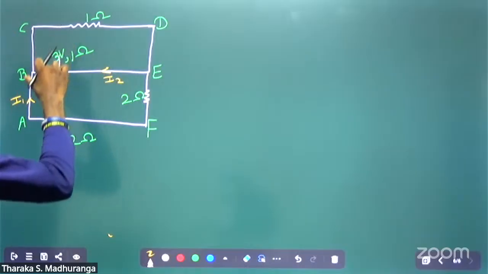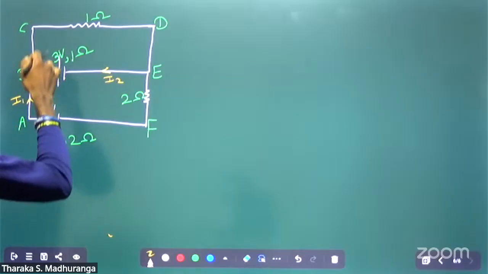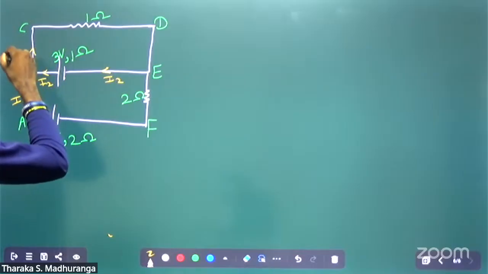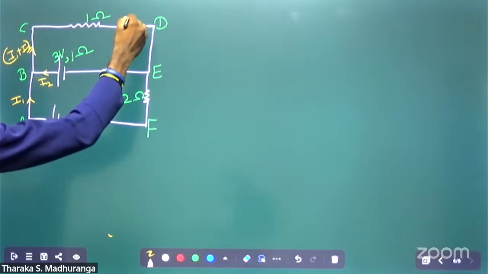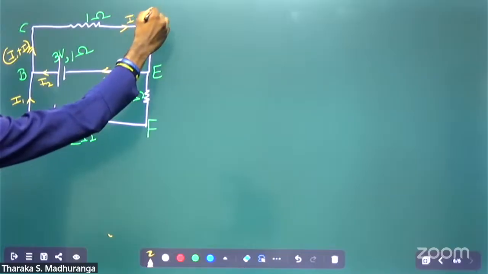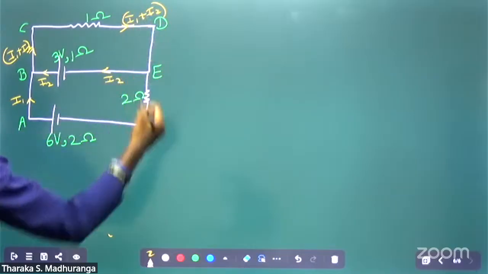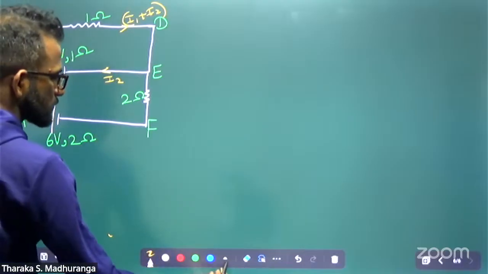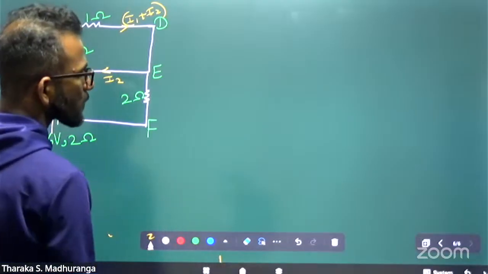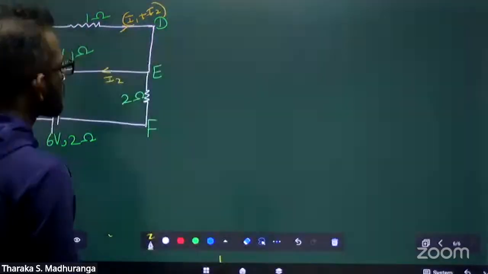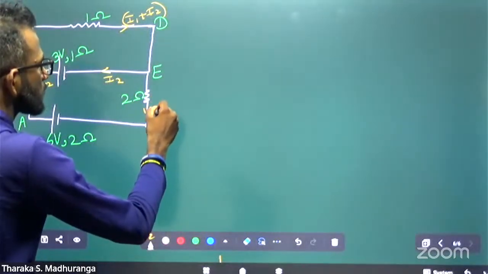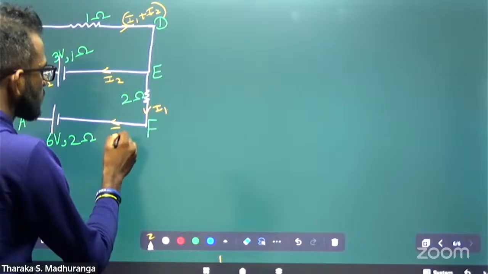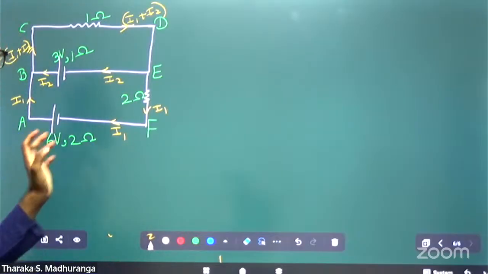Now two currents are coming, so this is I1 plus I2. This one also I1 plus I2. This direction again I1, I1, I1, I1. Okay.